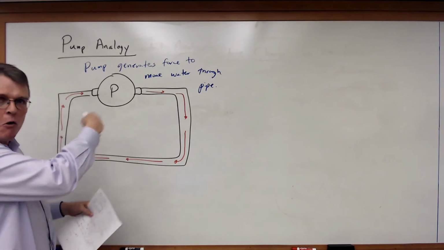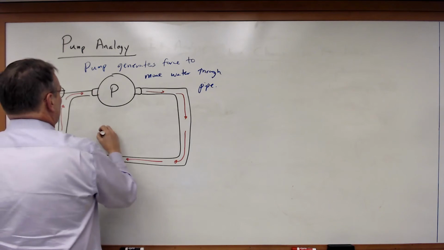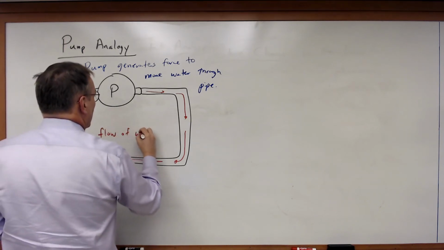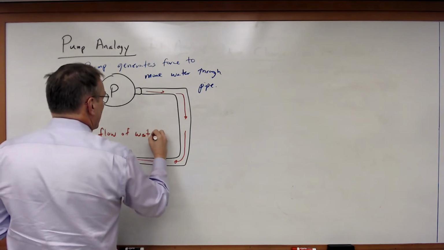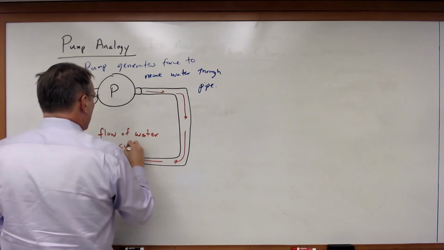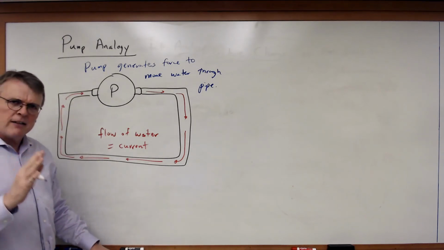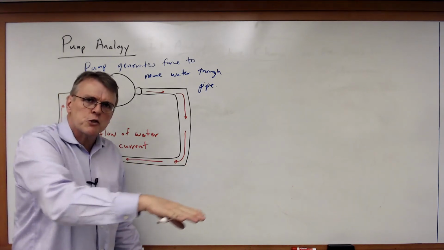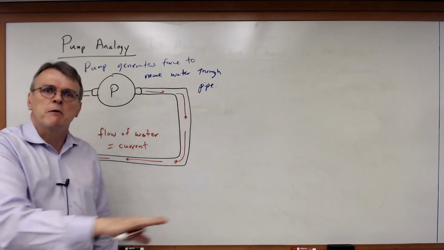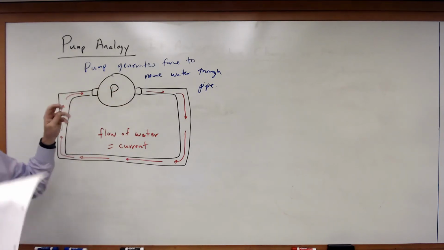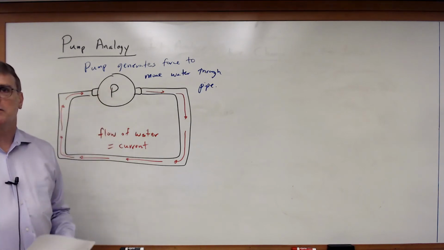Okay, it's the flow of water. And we're familiar with that, the idea of the current through a stream, the current through a river. It's the movement of water. Same thing here. So this flow of water is the current. The pump provides the force.